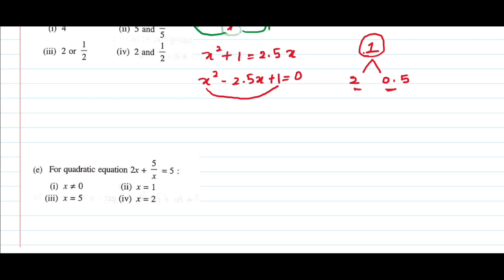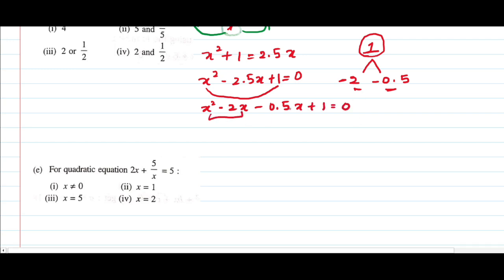If we multiply 2 into 0.5, we get 1, and adding minus 2 and minus 0.5 we get minus 2.5. So x square minus 2x minus 0.5x plus 1 is equal to 0.